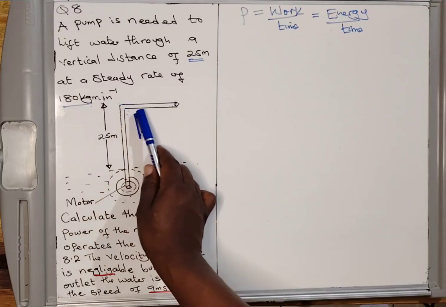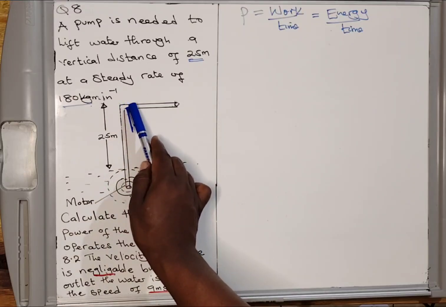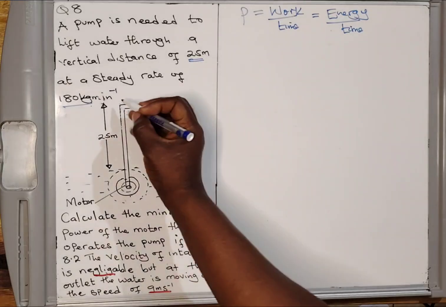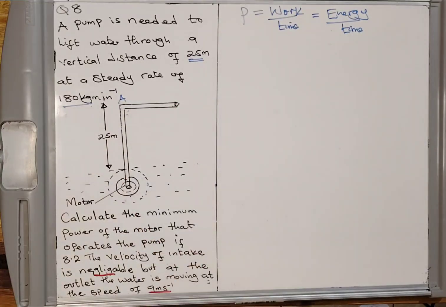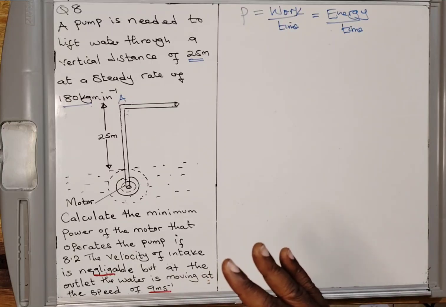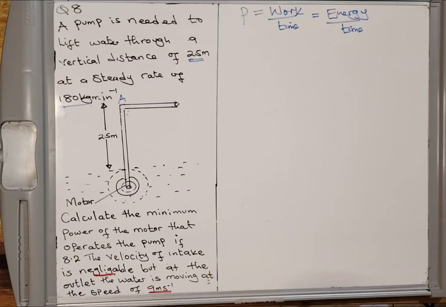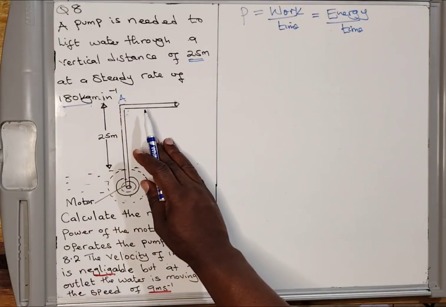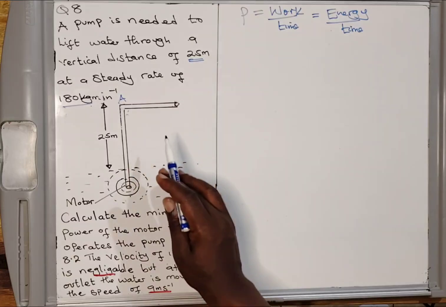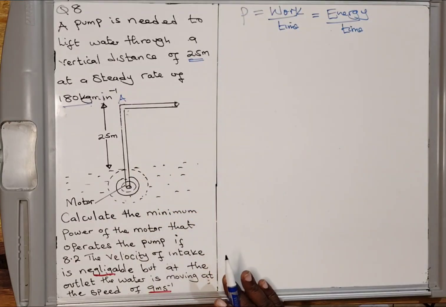So when water reaches here at this point, let us look at this center A, water is having velocity 0 horizontally. So then water is pushed and it is ejected at a velocity of 9 meters per second.